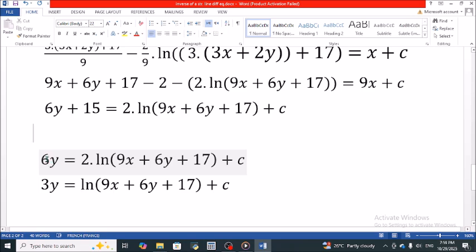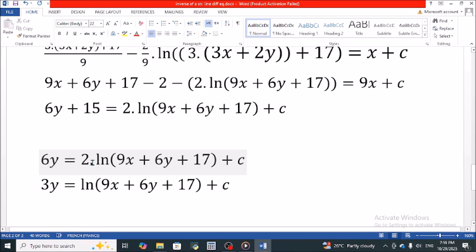So our equation reduces to 6y equals twice 15 and c reduced, because they would vanish during differentiation. So our equation reduces to 6y equals twice ln of 9x plus 6y plus 17 plus c, assuming that the c includes the 15 and the c. Never mind.